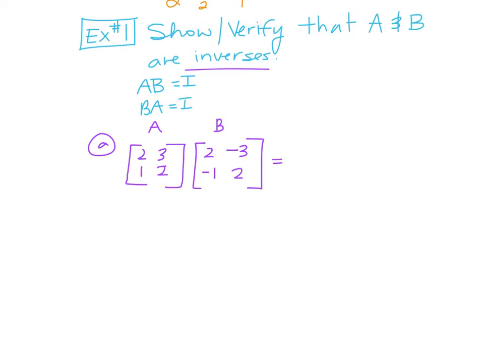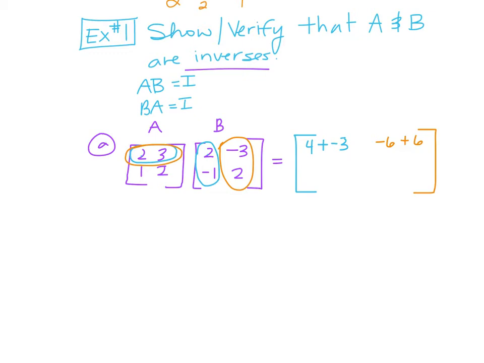Well, when we multiply these, remember we do the top row and the first column for our first slot here. So this would be 2 times 2 is 4, plus 3 times -1 is -3. Okay, then we do top row with second column. So 2 times -3 is -6, and 3 times 2 is 6.